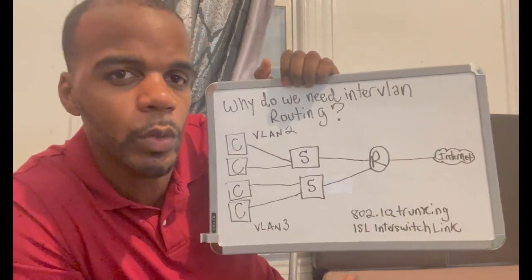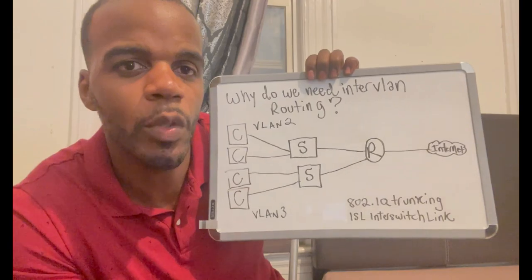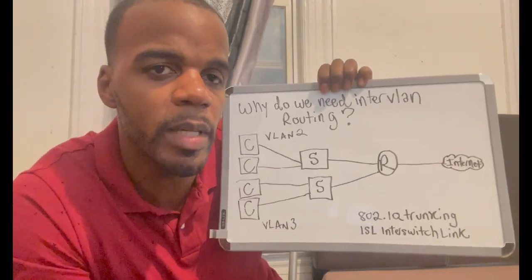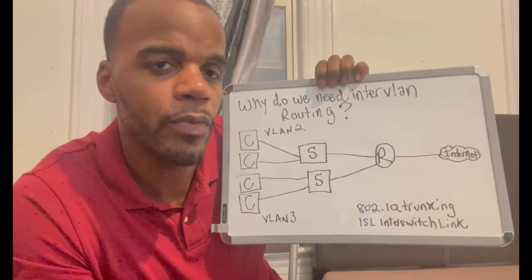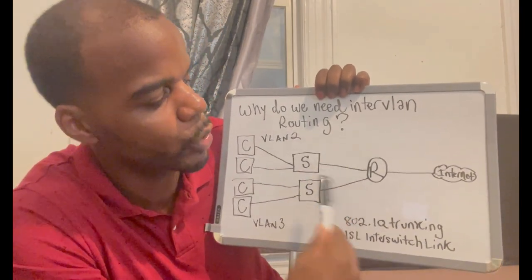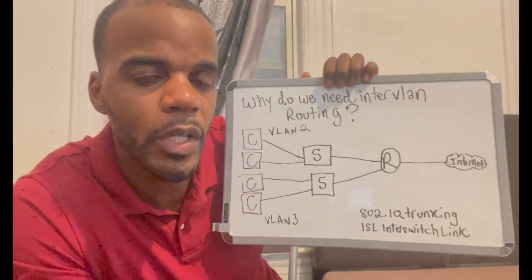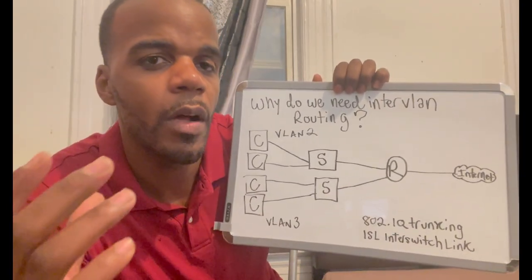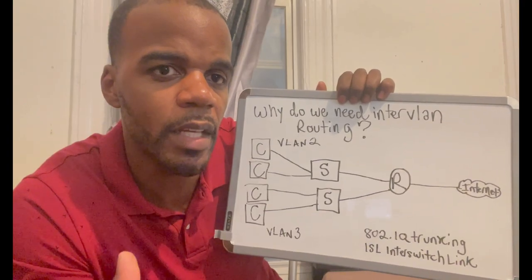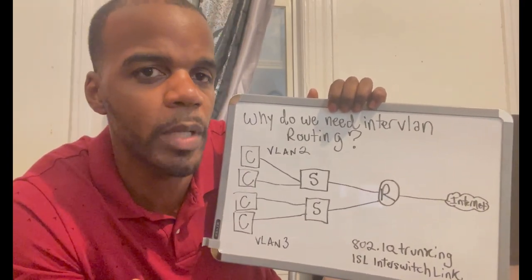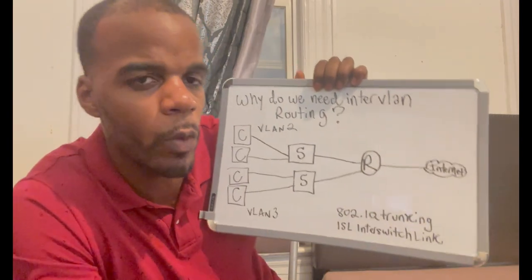Now, 802.1q. What is 802.1q? It's a protocol that allows information to be tagged. Information can go through this trunk, through the switches, but there's a tag. All the information is being tagged, and the switches know where to send that information because of 802.1q.